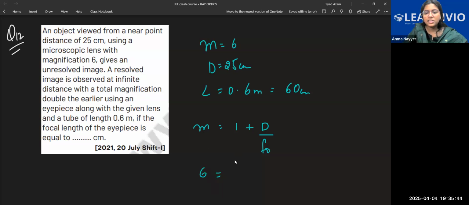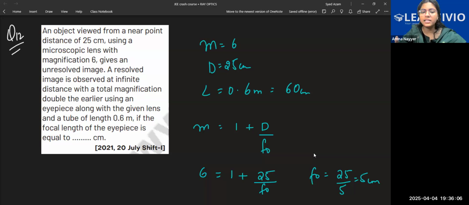So magnification is 6, which is 1 plus 25 divided by F0. So this will be 25, this is 5. F naught will be 25 divided by 5, which is 5 centimeter. So you have the focal length of the objective lens now.